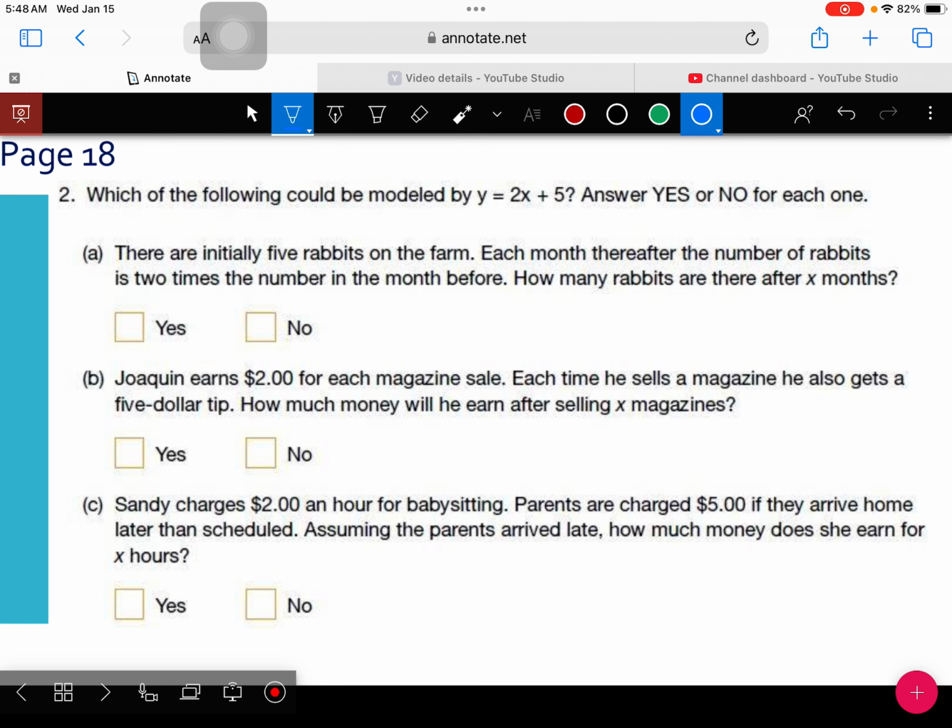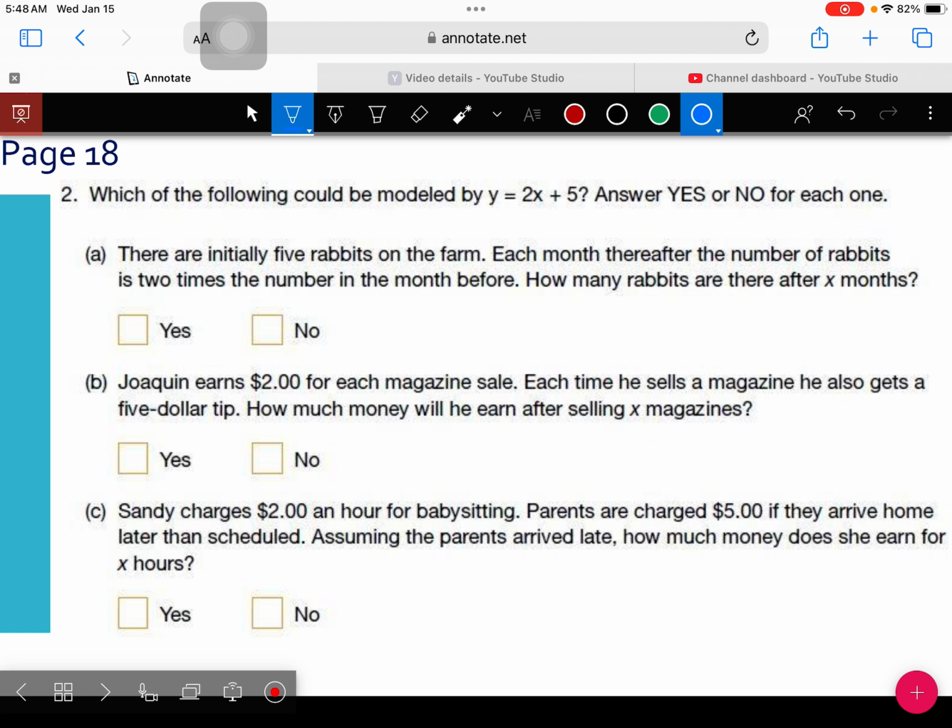All right. Number 2 says, which one of the following could be modeled by y equals 2x plus 5? So this is, again, a linear equation. Y equals mx plus 5.